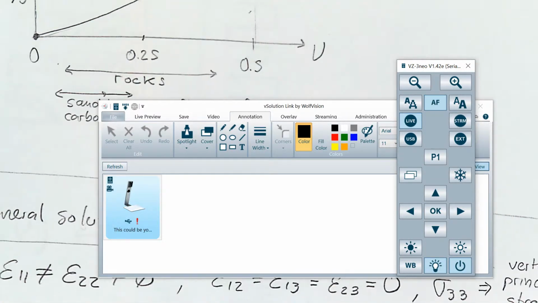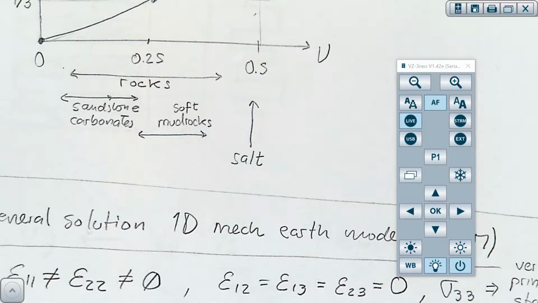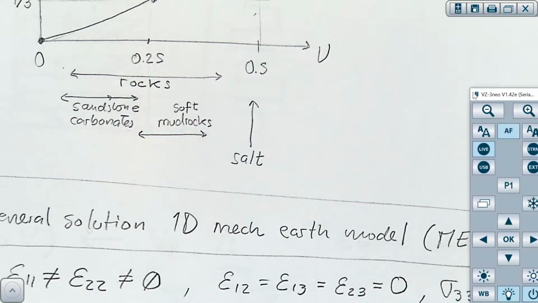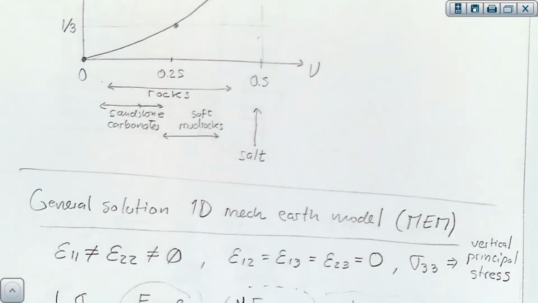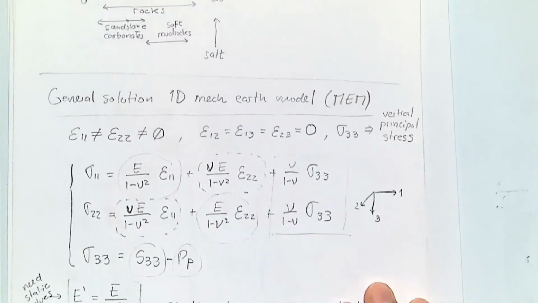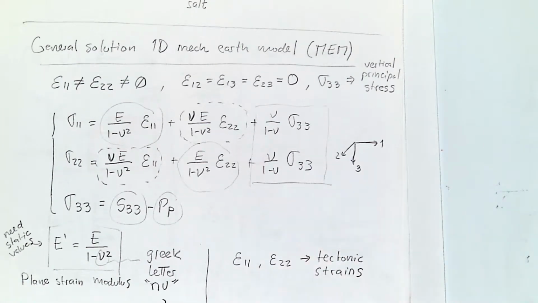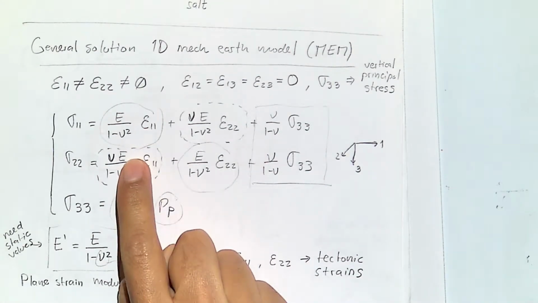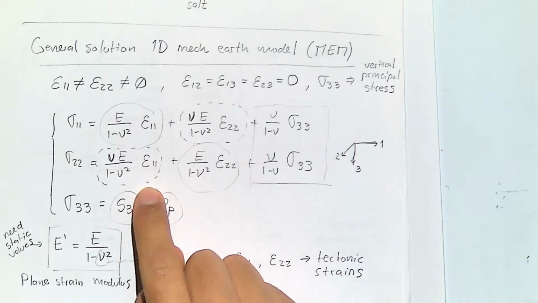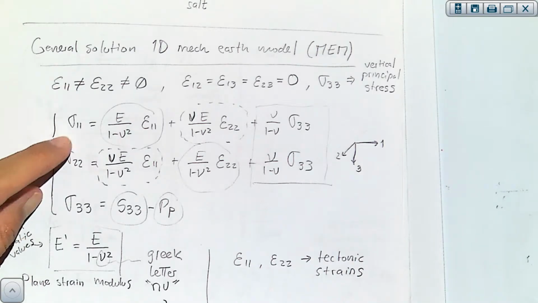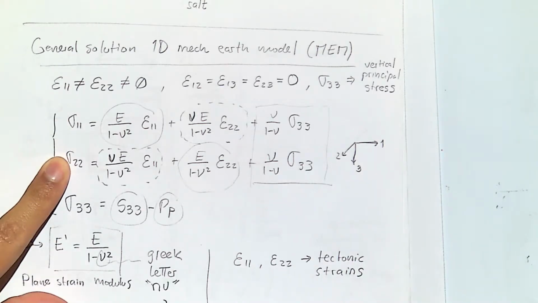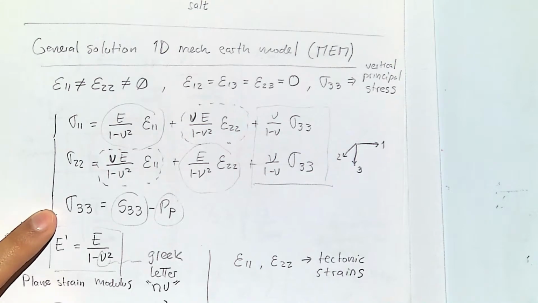And if you remember, these are the equations that we used. As a function of the Shear Modulus and the Poisson ratio, and as a function of tectonic strains, epsilon 11 and epsilon 22, they tell you what the horizontal stresses are at a given location.